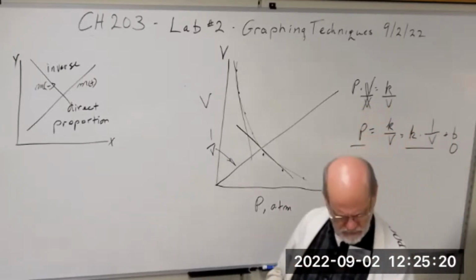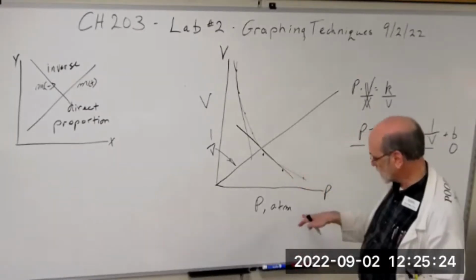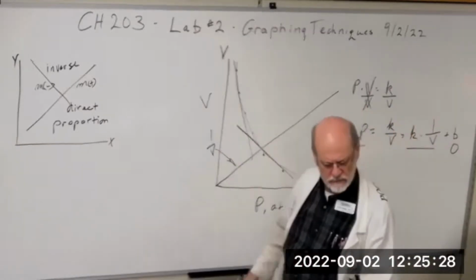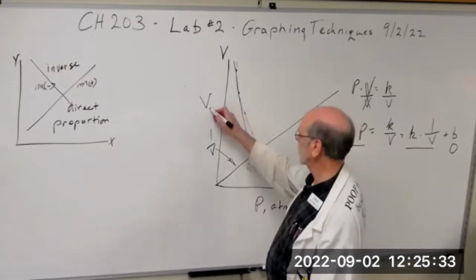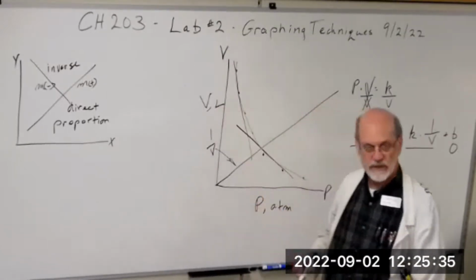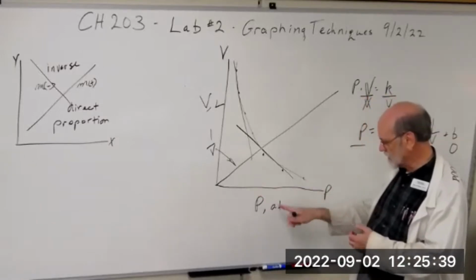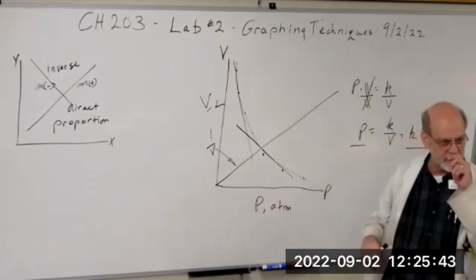In this example, it's atmospheres. Atmospheres is a measure of pressure. And volume, in this case, they put liters, but it could be something else. You want to label the axis and units of measure, or you can put them in parentheses. That's valid too.